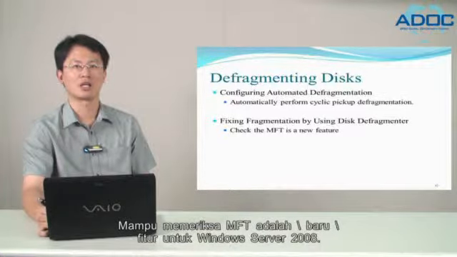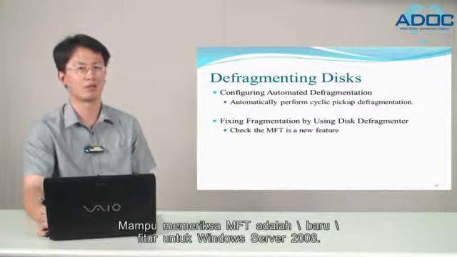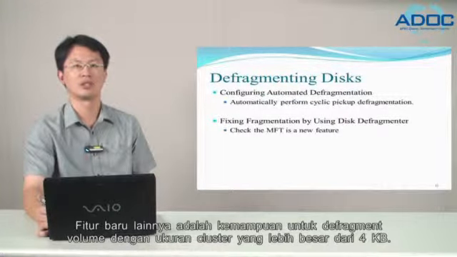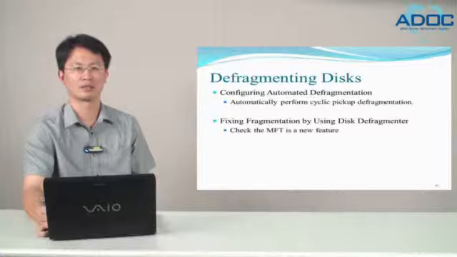Being able to check the MFT is a new feature for Windows Server 2008. Another new feature is the ability to defragment volumes with cluster size greater than 4K bytes.